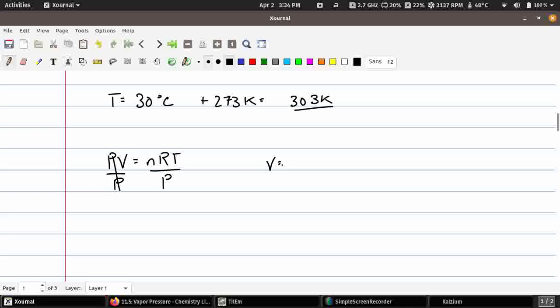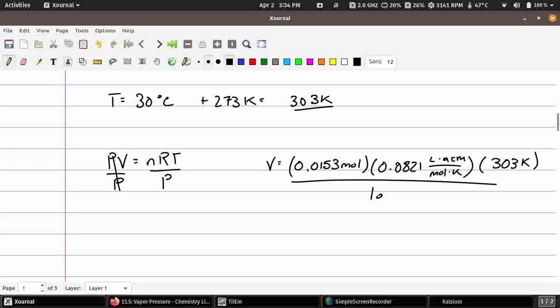So V equals 0.0153 moles times 0.0821 liters times atmospheres over moles times Kelvin, times 303 kelvins, divided by 1 atmosphere.